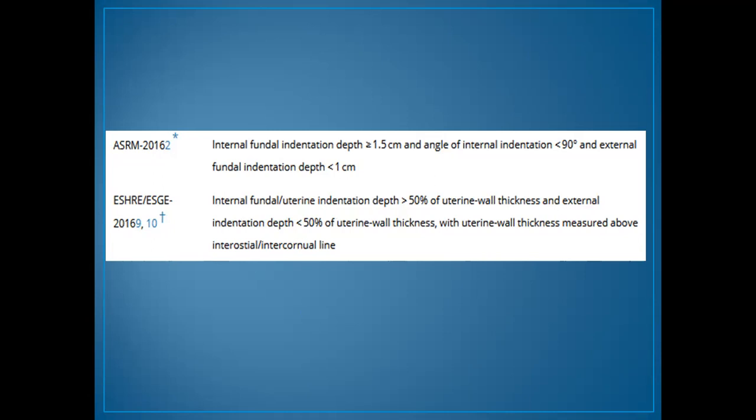Here, they didn't depend upon absolute numbers, but upon percentages. There should be a septum or indentation more than 50% of the whole thickness, and an external fundal indentation less than 50% of uterine thickness to diagnose septate uterus. If the external contour indentation is more than 50%, they diagnose it as bicornuate uterus.